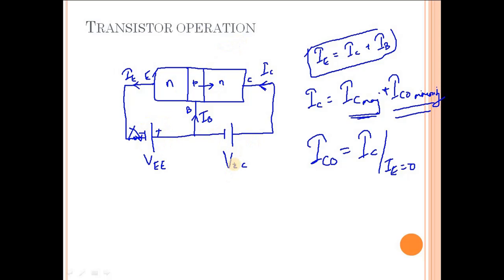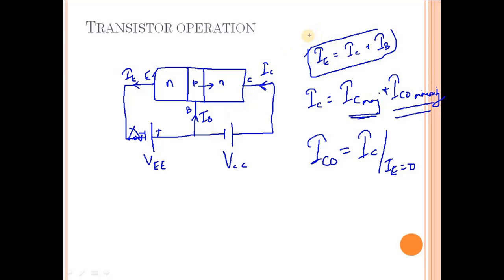So what is common between the NPN BJT and PNP BJT? The common thing is that in both operations we are keeping the emitter base junction forward biased and the base collector junction reverse biased.